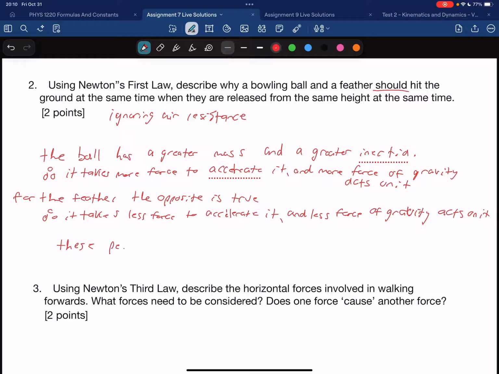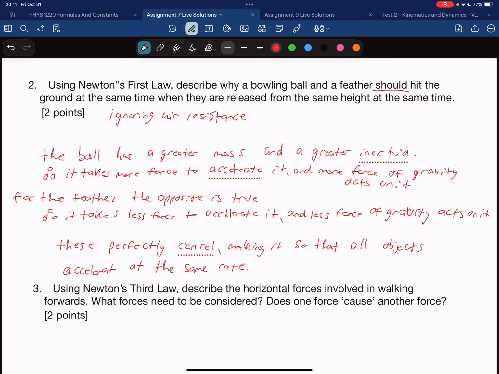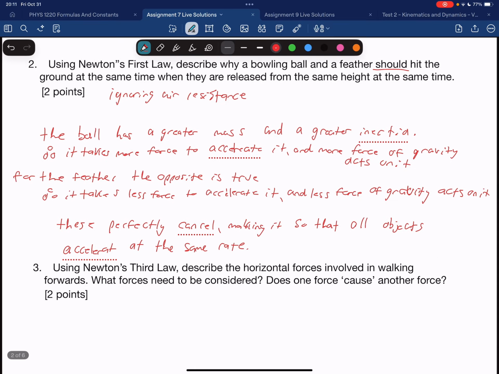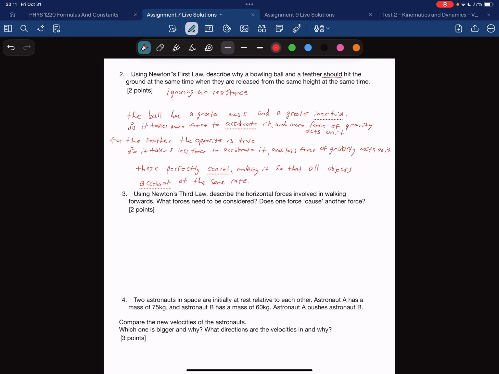These perfectly cancel, making it so that all objects accelerate at the same rate. So that was my answer for number 2.